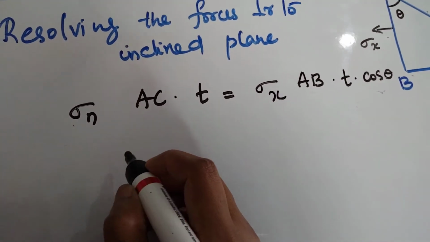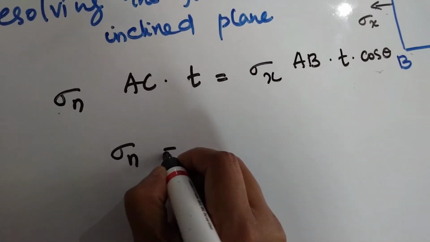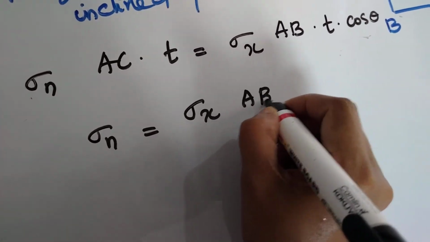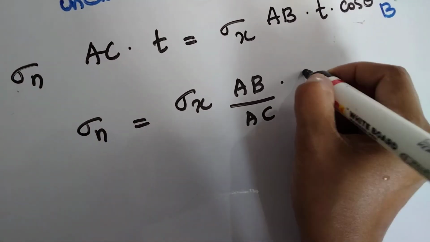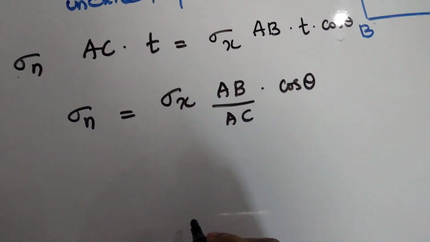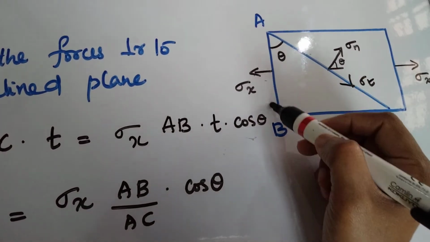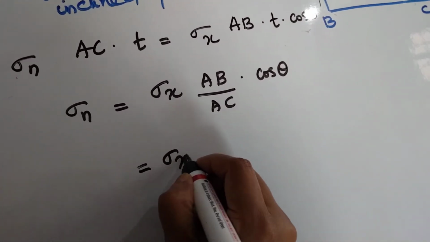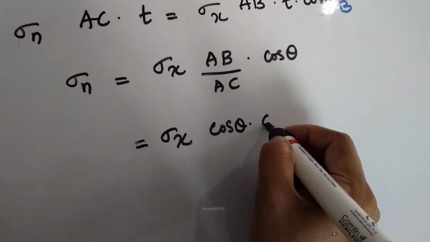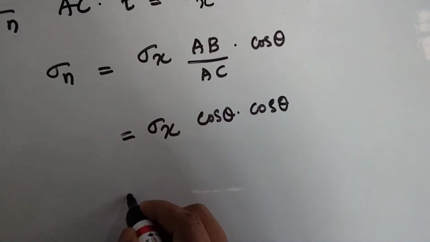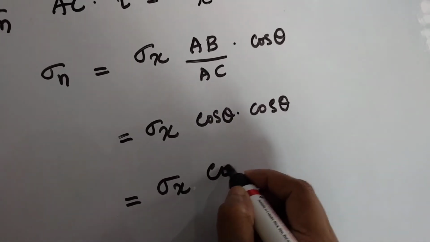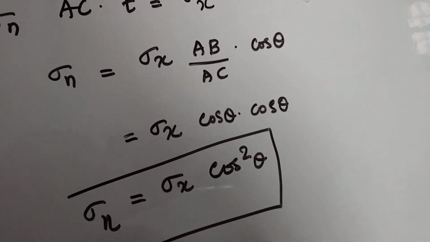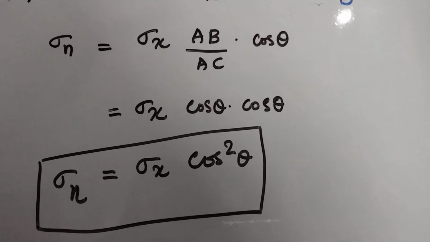Simplifying, we get sigma n equal to sigma x into AB by AC into cos theta, as t and t get cancelled. From the figure, AB by AC is again cos theta. So sigma n is sigma x into cos theta into cos theta, which is sigma x cos square theta.